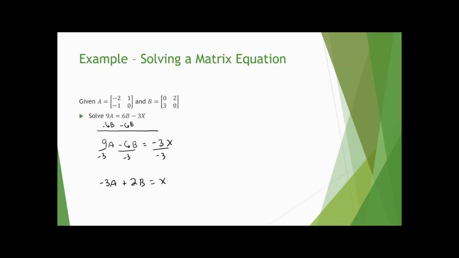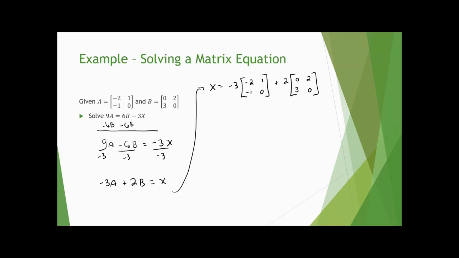Now X is an unknown matrix, so this is where I plug in my matrices so that I can actually figure out what X is. X is negative 3 times A, so I replace A with the matrix, plus 2 times B, so I replace B with its matrix. Now we do our multiplication first before addition.